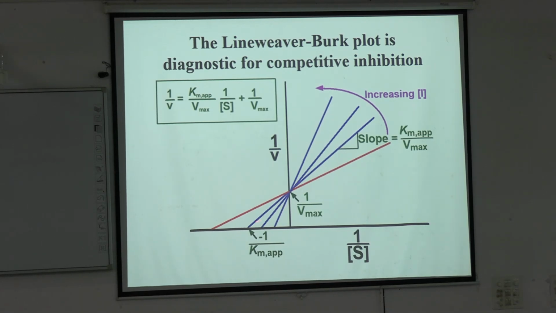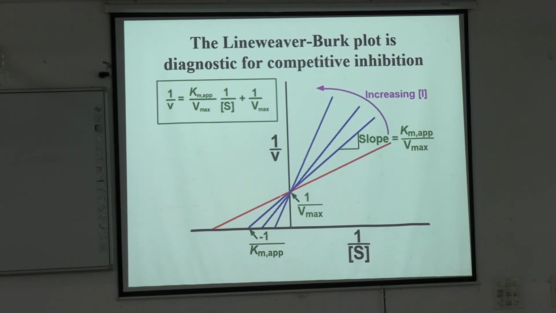Now here the red line shows the normal one, and it is increasing. With blue line, see the increased concentration of inhibitor. This y-axis is 1 by Vmax and x-axis is 1 by Km.